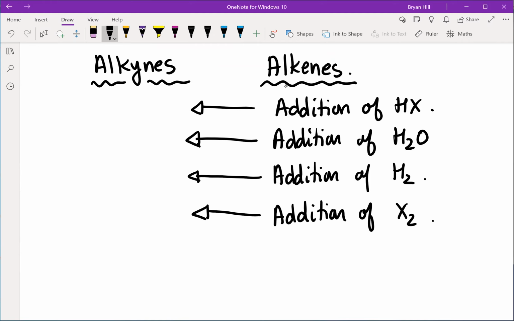And a lot of the designer reactions that we did at the end, like making the epoxides and the dihydroxylations, we're not going to really be covering any equivalent of that. It's mainly the stuff we did right at the start. And so it's good because it's a nice little review of how things work. So why don't we start with the addition of HX as a polar reaction.